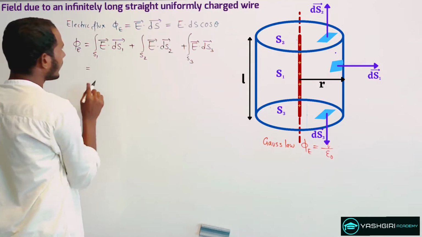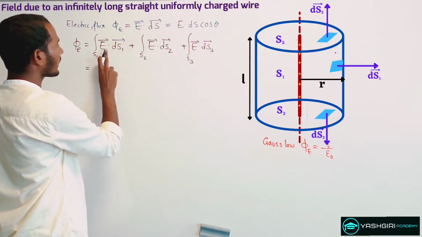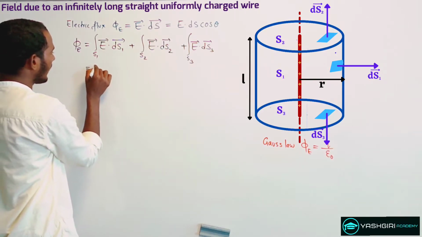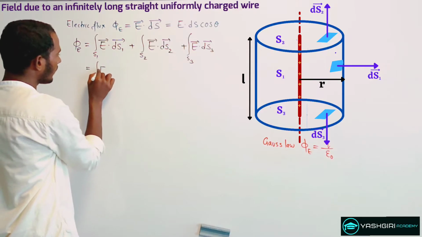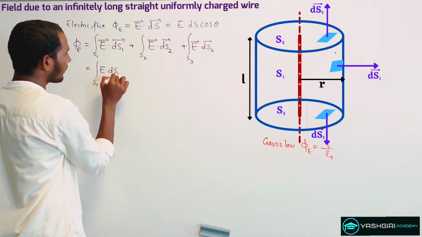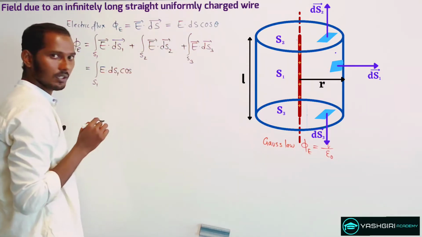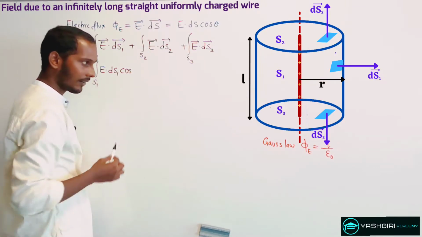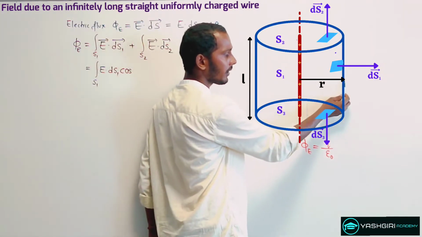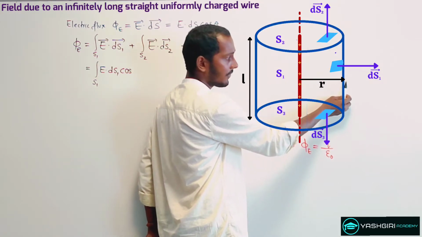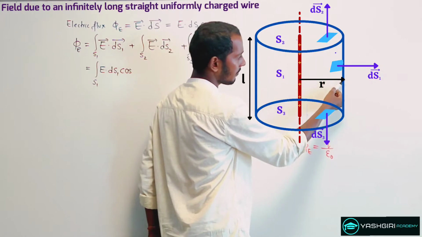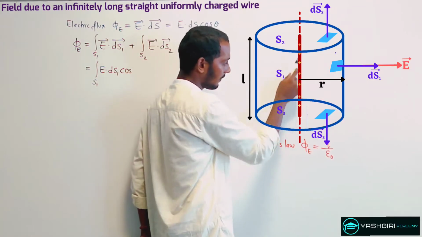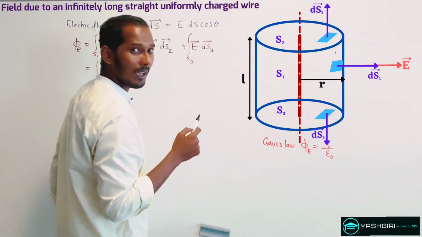For the dot product of vector E with vector dS1, I can take the electric field as E, so this will be E dS1 cos theta. Theta is the angle between the unit vector of this planar area element and the electric field. Here, this is my planar area of the surface S1, and the n cap of this area element is pointing in the same direction as the electric field of this wire. So the angle between them is 0.